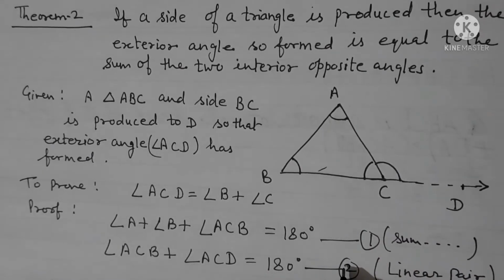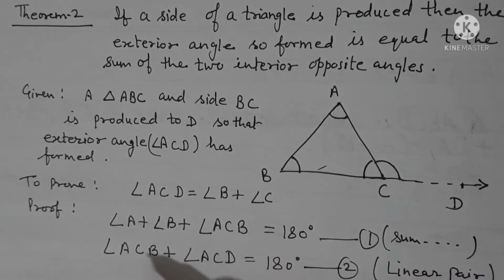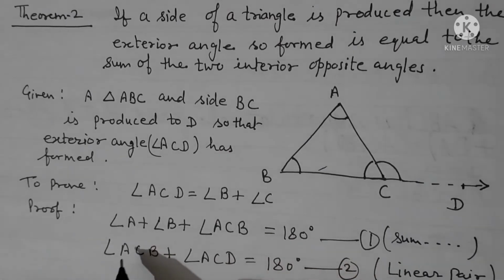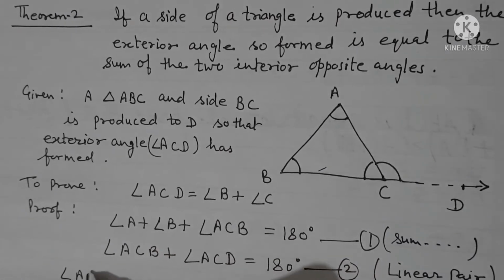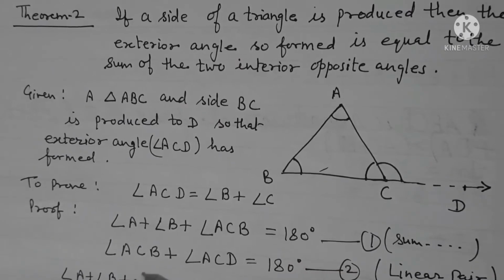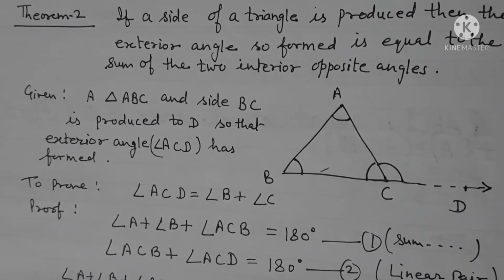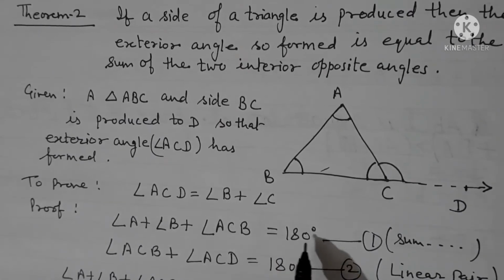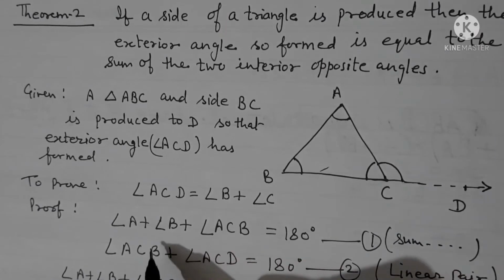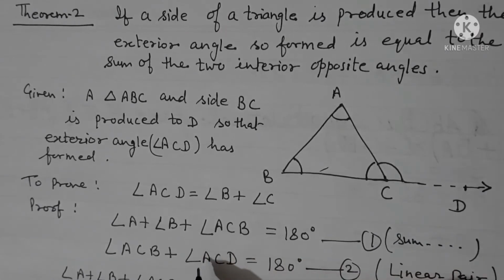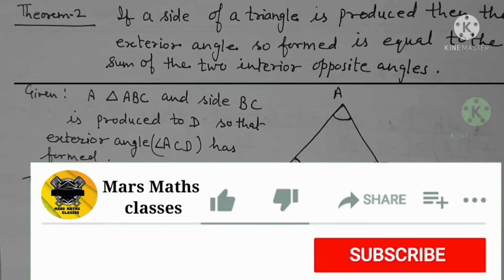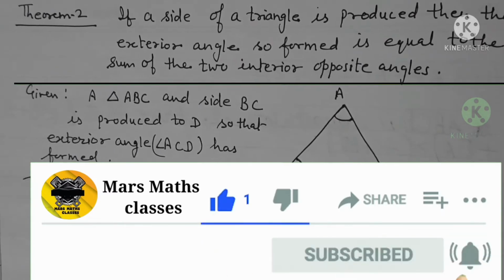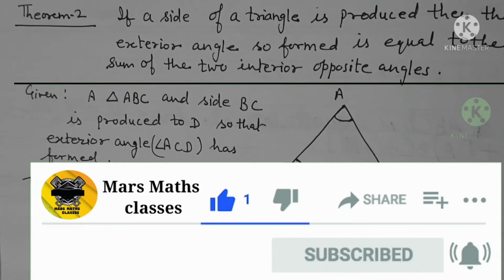Now from first and second, equate. So you will get angle A plus angle B plus angle ACB is equal to, both are 180 degrees, so put both equal: angle ACB plus angle ACD.